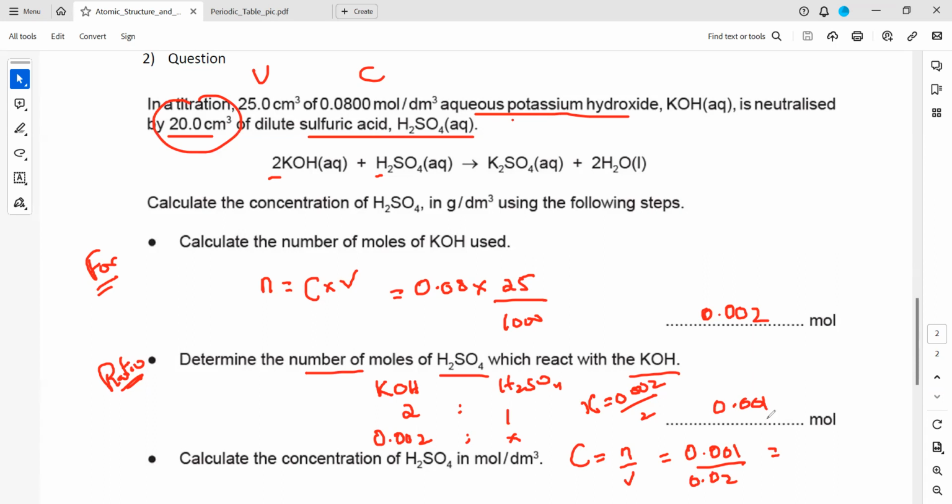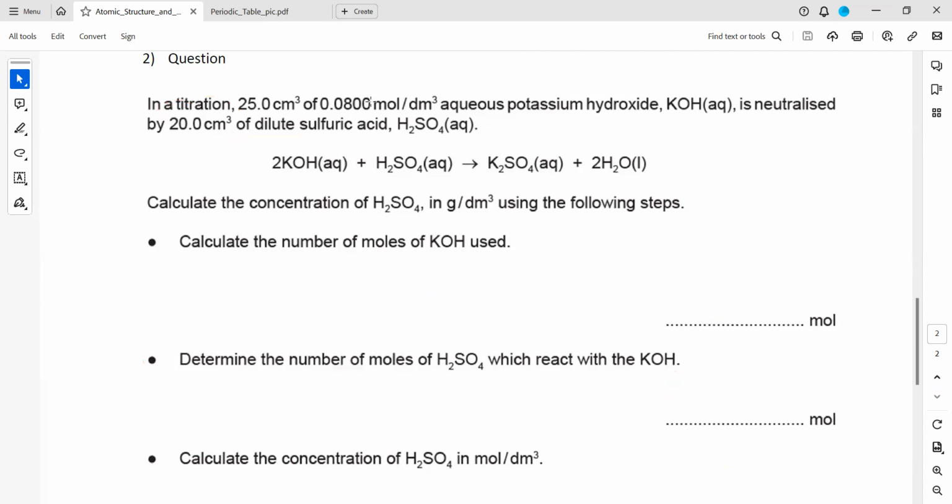So 0.001 divided by 0.02. Is it 0.05? So it is 0.05. That will be moles per dm³. That is the concentration.